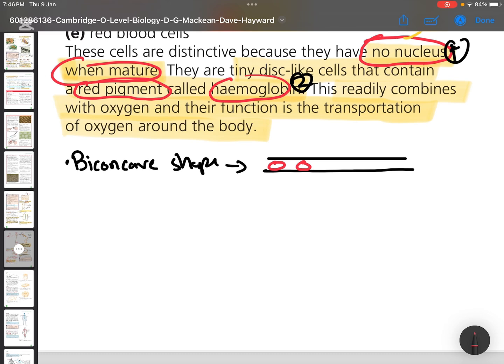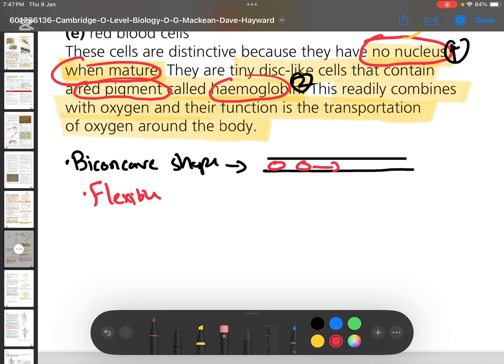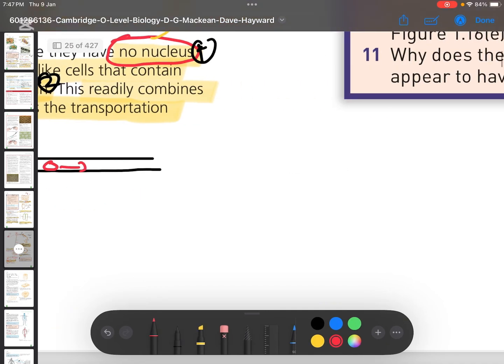Now if the red blood cells did not have this biconcave shape and were not flexible, it helps it become flexible. If it was not flexible, it would not be able to pass through this blood vessel, whereas because of its shape and its flexibility, it's able to pass through very tiny capillaries and very tiny blood vessels as well. So this is very important as well.